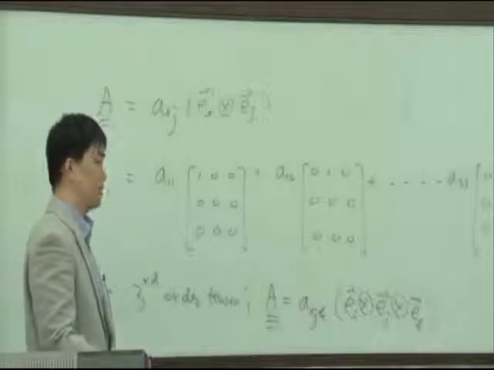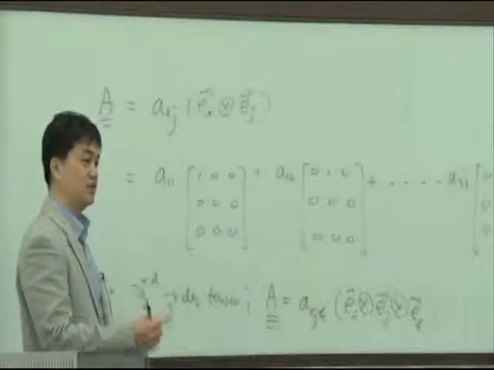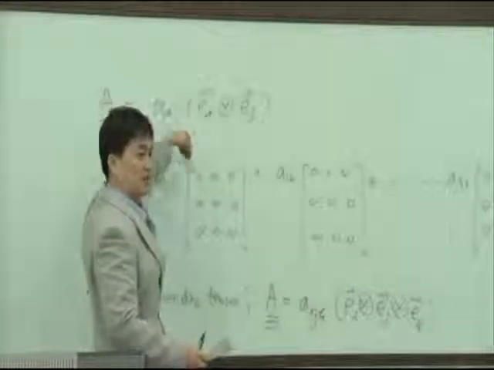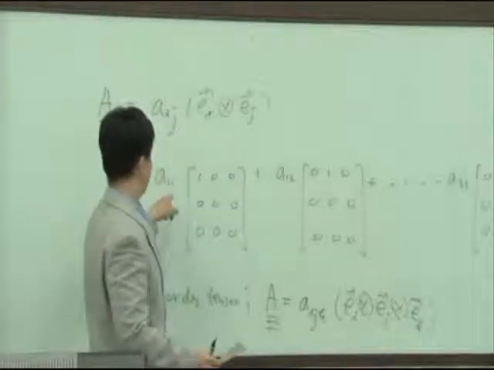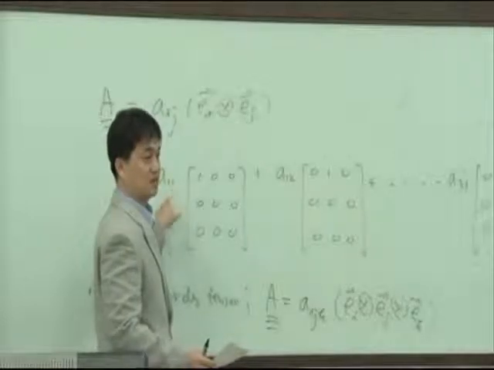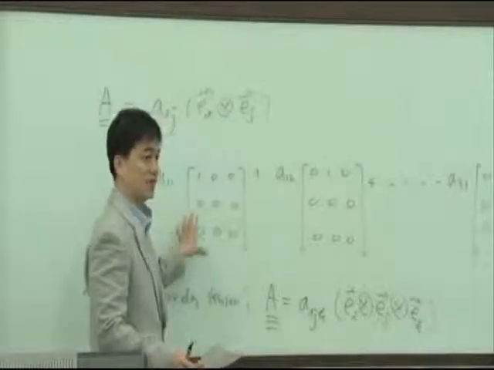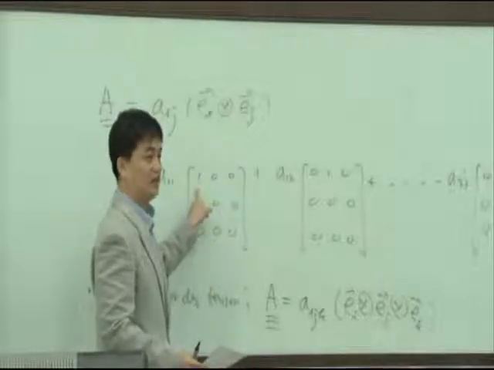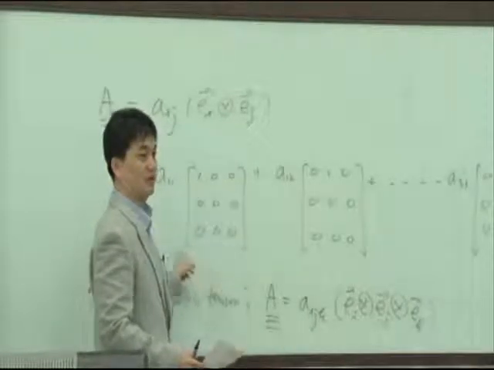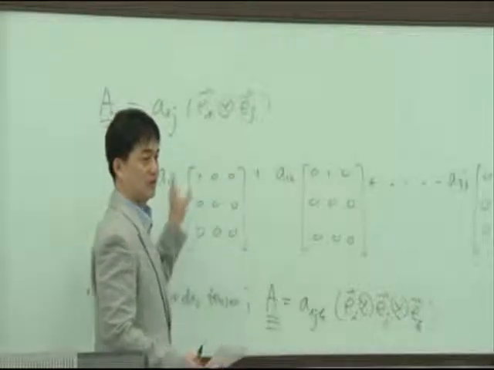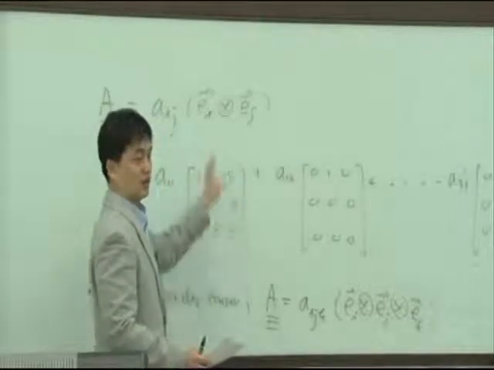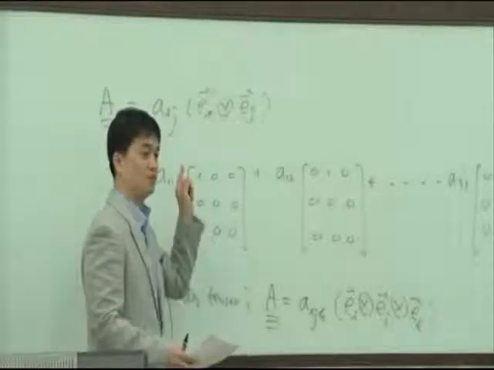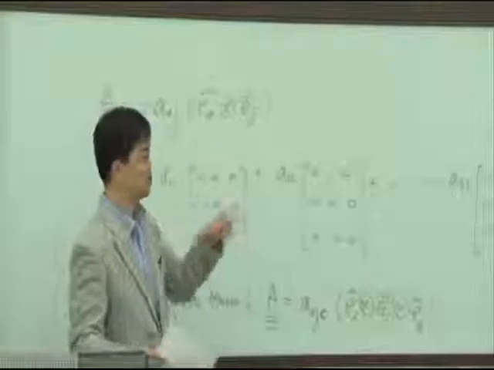So, in first order tensor, we have a one-dimensional array. And in second order tensor, in matrix, we have a two-dimensional array, right? So we put the number in some x and y direction in 2D. How about the third order tensor? We can put the matrix in 3D.